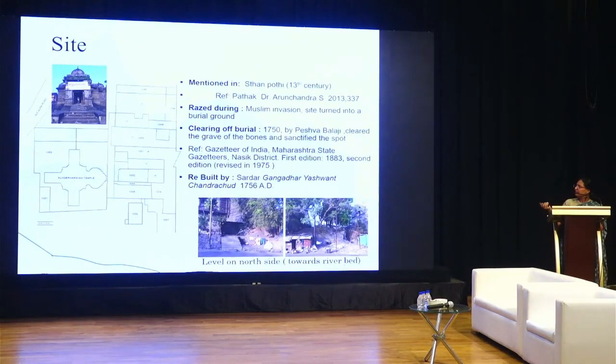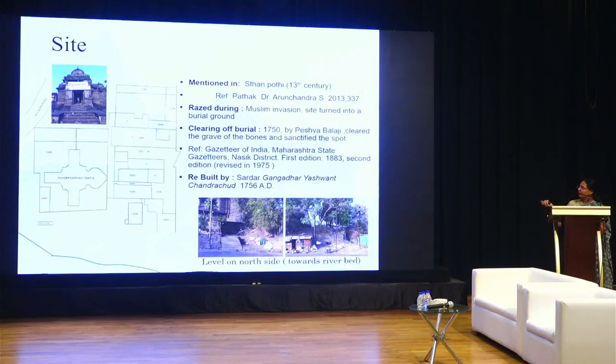So this is a temple just next to the river. You can see a level difference of at least 15 to 20 feet from the lower Godavari river basin. The basin is at a bigger depth, but the road next to the river is 15 feet lower than the level of the temple.